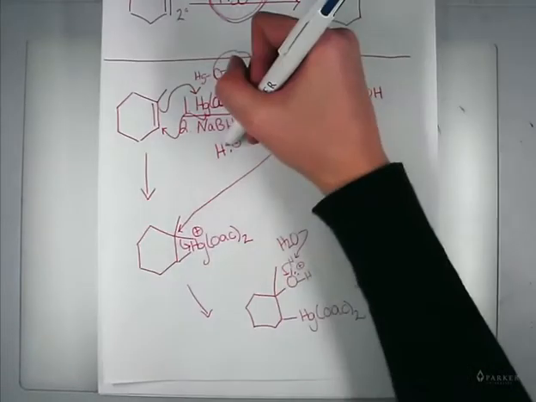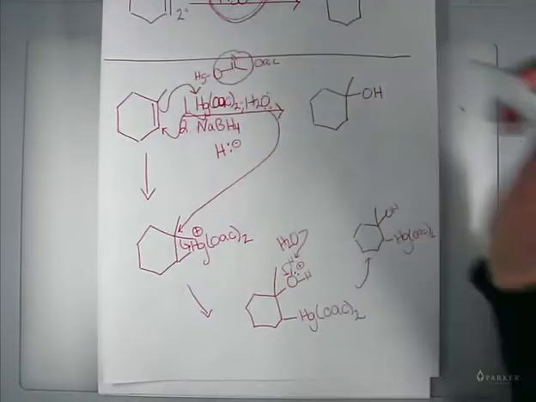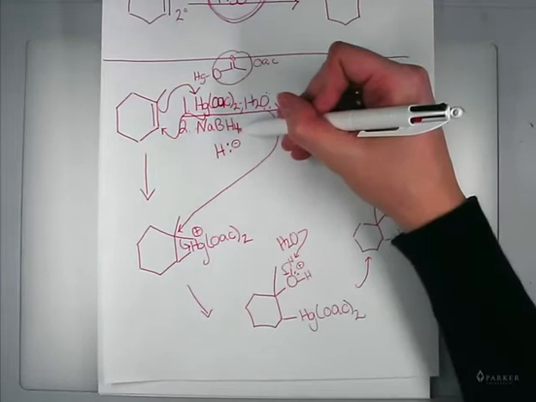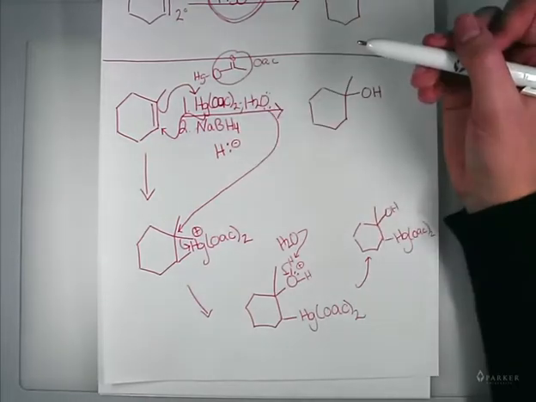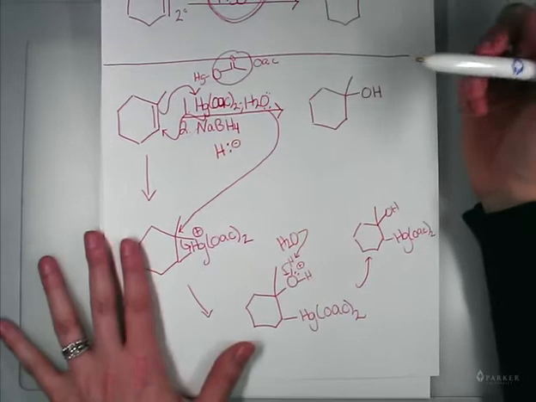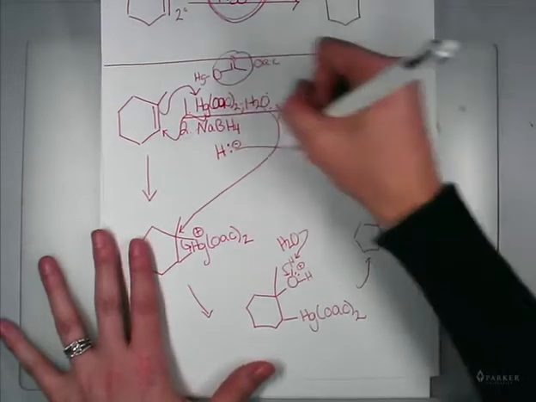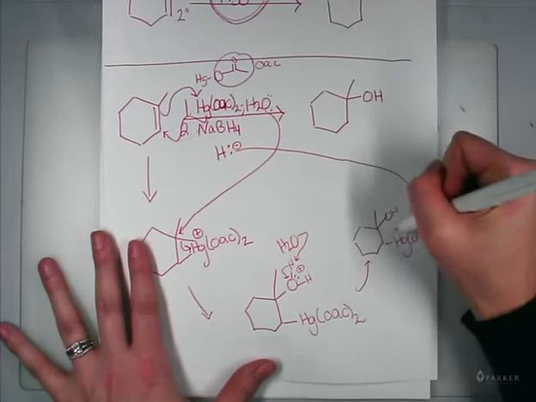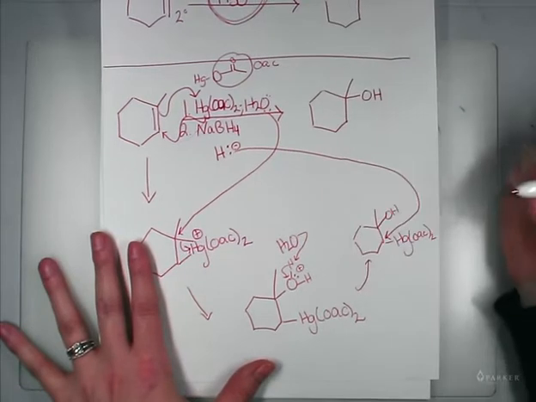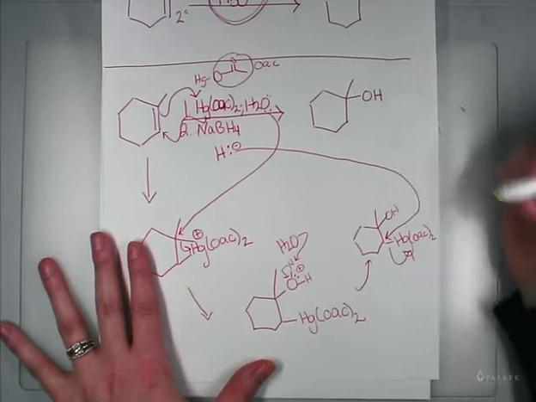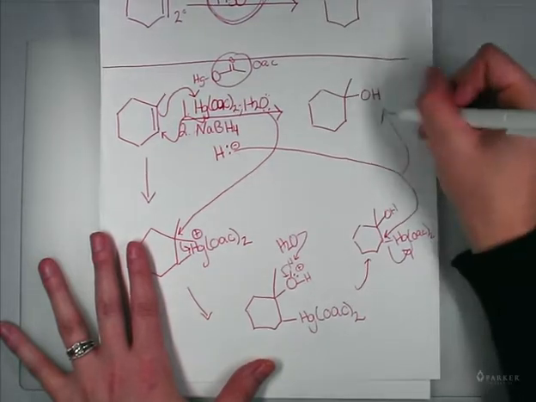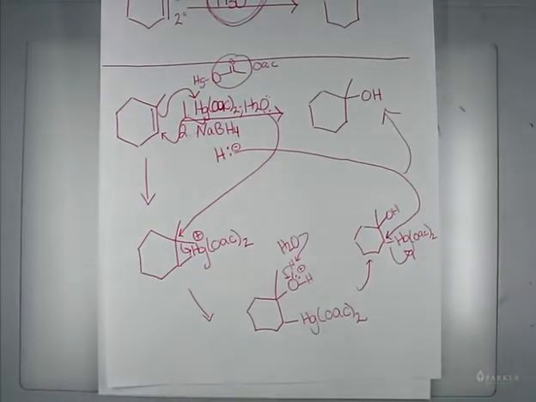There are some byproducts, but NaBH4 turns into a hydride. This makes a bond right where the mercury is and makes it leave, to form your final product.